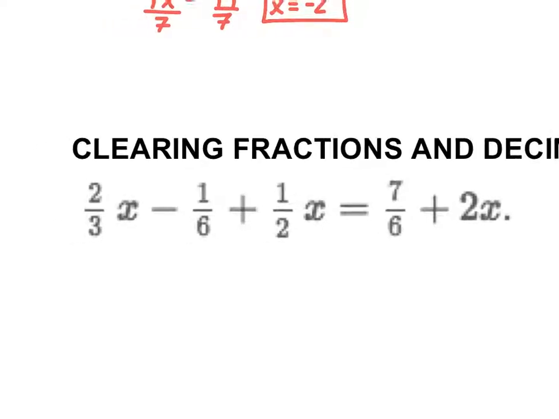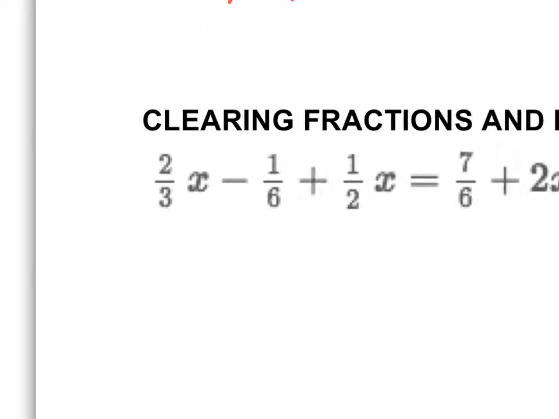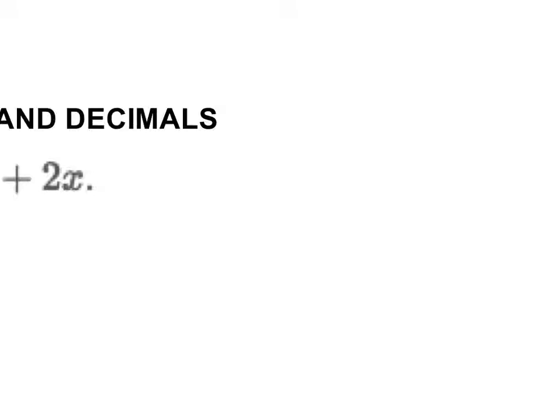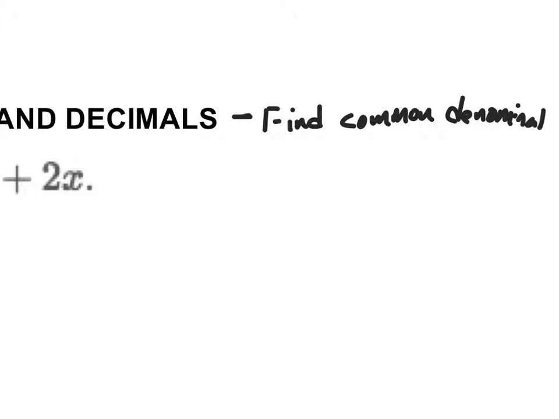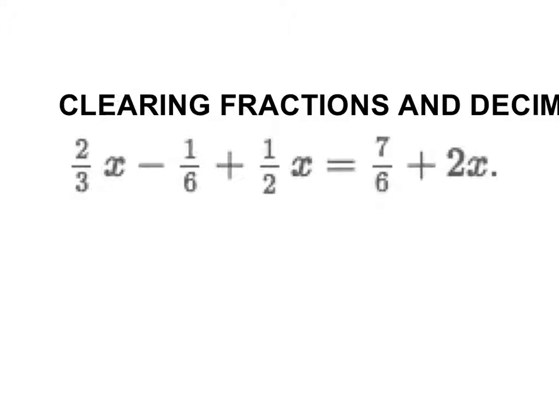What I want to find here is a common denominator. Let me write that here. We want to find a common denominator, and our common denominator in this one would be 6. 3 times 2 gives me 6, and 2 times 3 gives me 6.